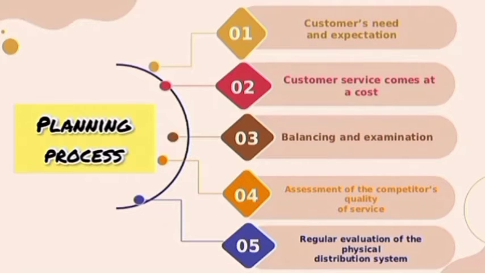The first step is customers' need and expectations. Sometimes the customer wants to buy the product off the shelf, as in the case of cosmetics, confectionery, grains, vegetable oils, and FMCG, fast-moving consumer goods products. In such cases, the distribution system should be agile and prompt.